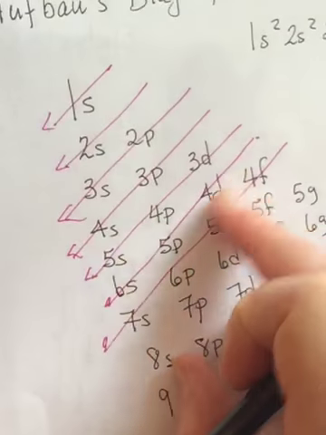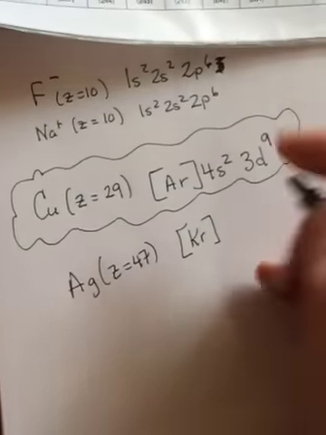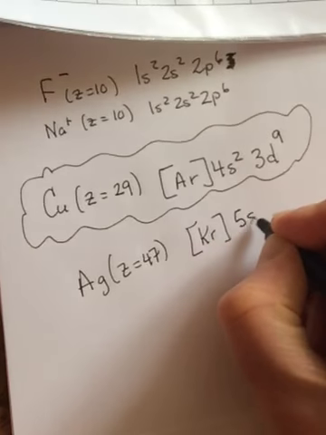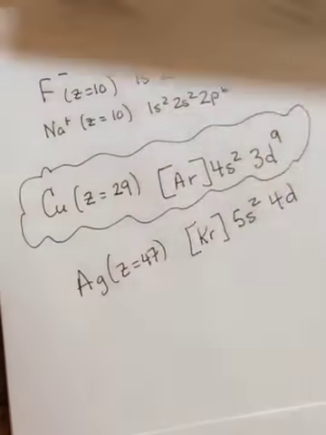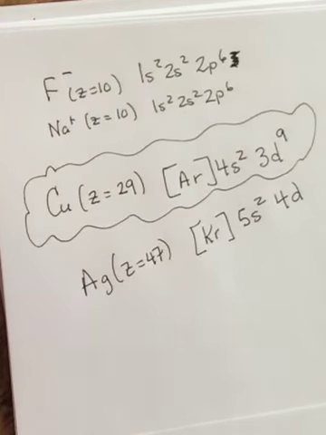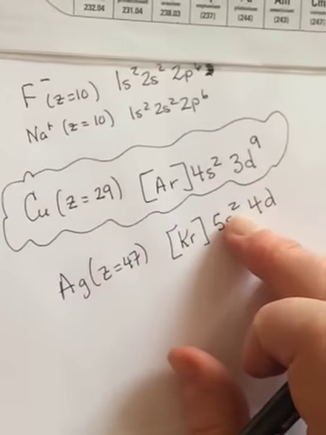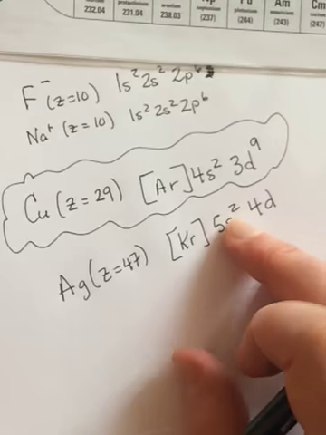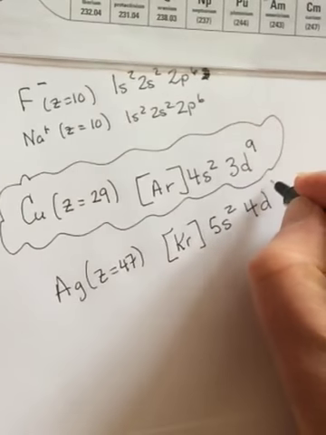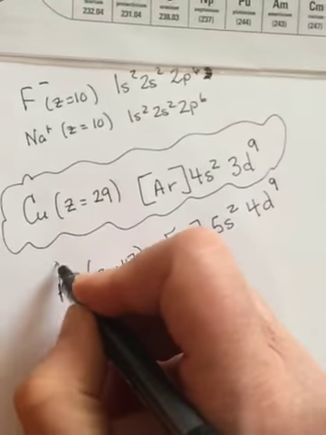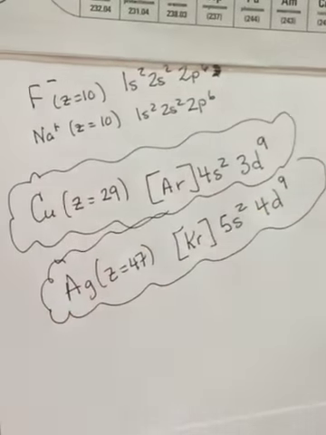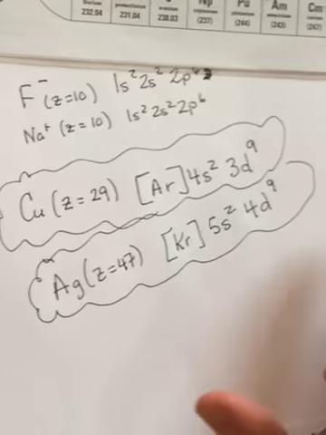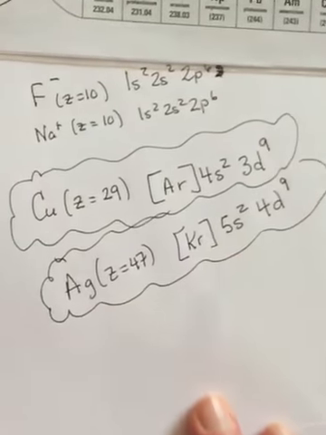And then you're going to go to 4d. Krypton had 36, so with 5s2 we now have 38, and we only need to go to 47. So this will be a 9 to give us 47. Again, this one's an exception, and we'll come back to it, but we'll leave it for right now.